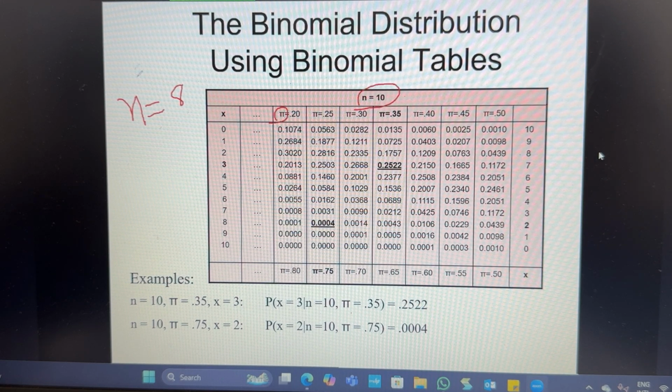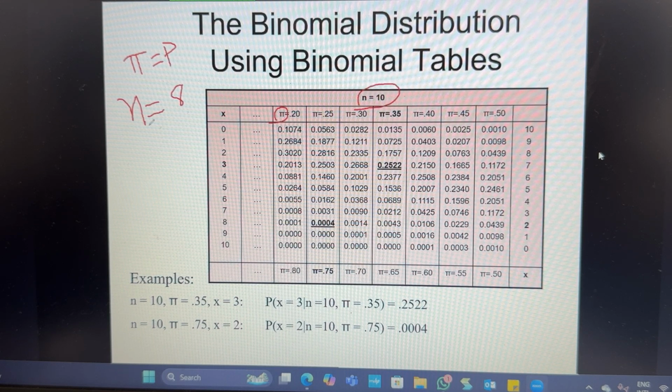Now sometimes they use pi. In some books they use pi instead of p, this is equal to p. The symbol, anything you can use.